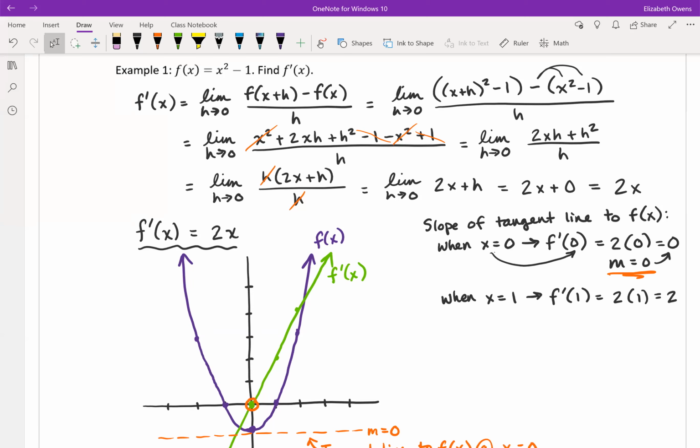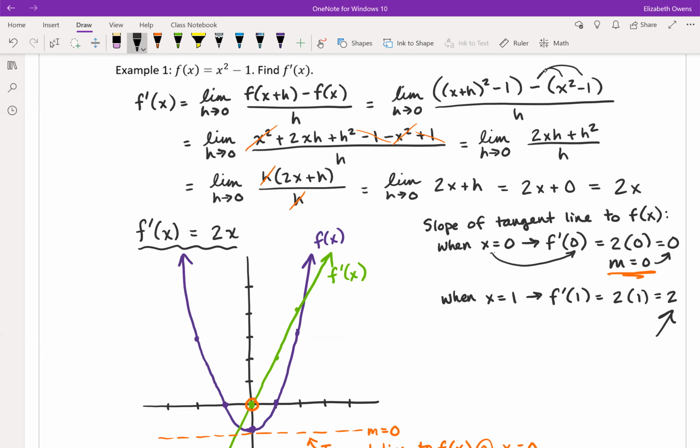This really saves you a lot of time compared to the previous section, because in 3.1 we would have had to plug in 2 different x naught values. First, we would have plugged in x sub 0 equals 0 and gone through the whole calculation, finding the derivative value to be 0. Then we would have had to start over again, plug in x sub 0 equals 1, go through the whole process, and calculate the derivative value. It turns out to be 2.